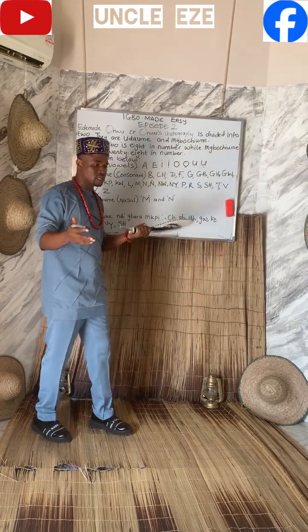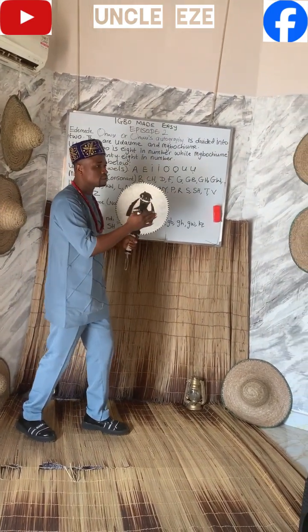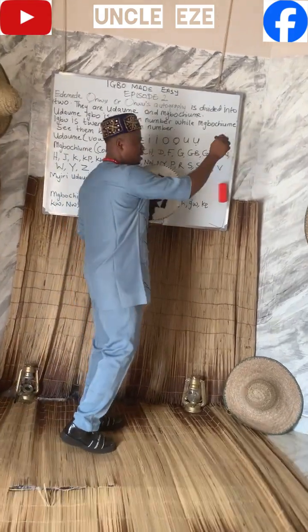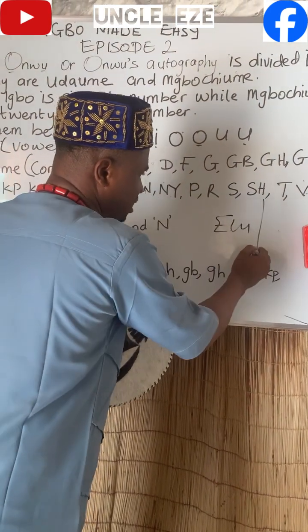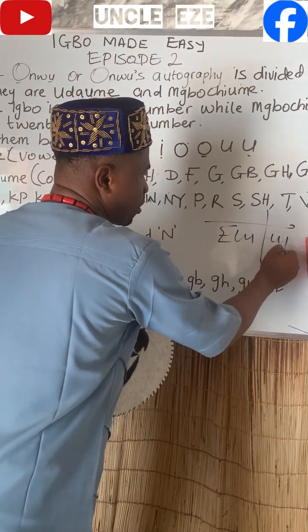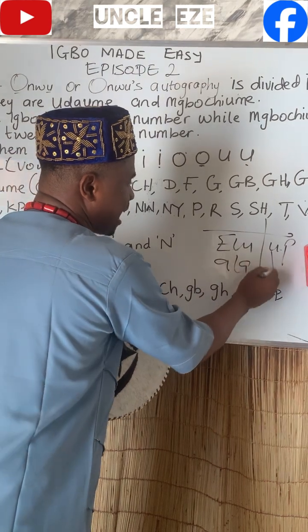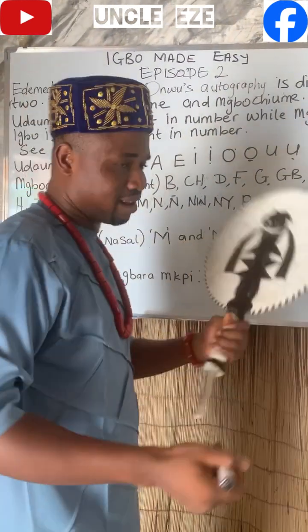Take for instance, in our next class, you'll be seeing something like Elu in 3-lettered words. Then the translation will say up. Elu means up. Ala, down. This is what we'll be doing in our next class.